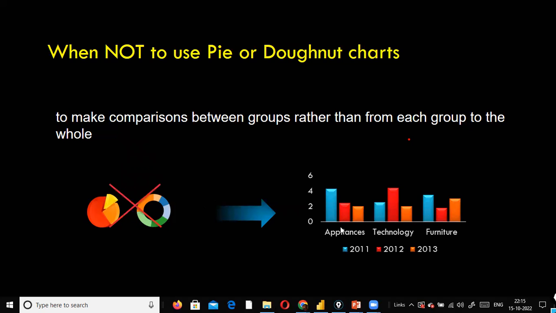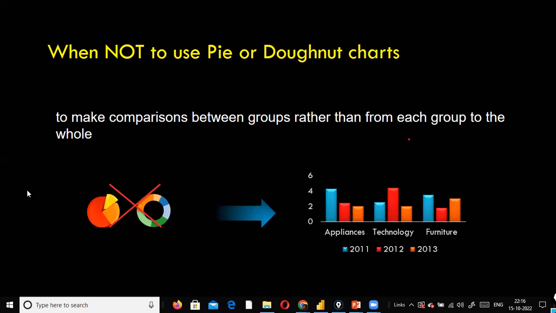You can compare the categories side by side. So here in appliances, for 2011, 2012, 2013, for each category, each year, we can see what the sales are. If you want to compare the categories side by side, then you can go for the column chart, and don't go for a pie chart. A pie chart is not meant for this.